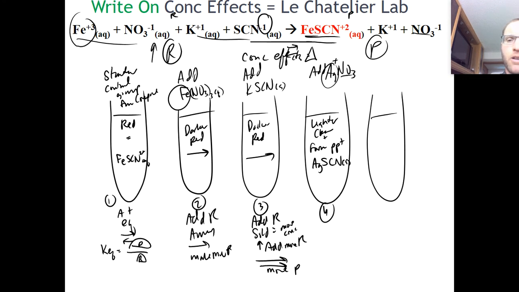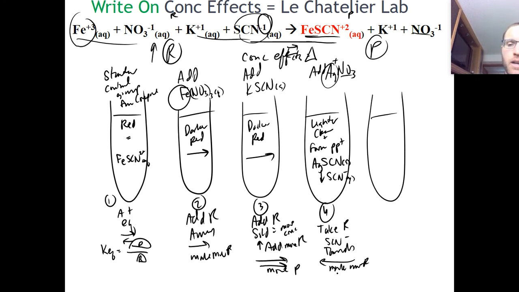That forms a solid which takes it out of solution, which means you're decreasing the amount of thiocyanate ions in solution. Hey, that's a reactant. What I basically did by adding this new thing and precipitating it is take away the reactant, the thiocyanate. If you take it, it moves towards. And that means it shifts the reaction in reverse, and it goes clear, because if I take away reactants, then it's got to make more reactants.